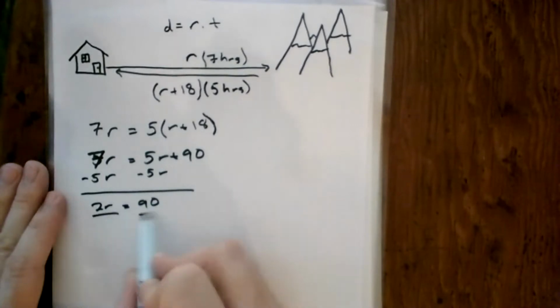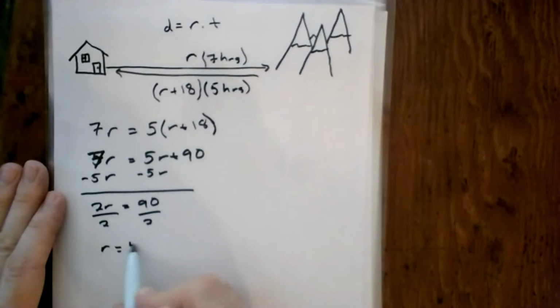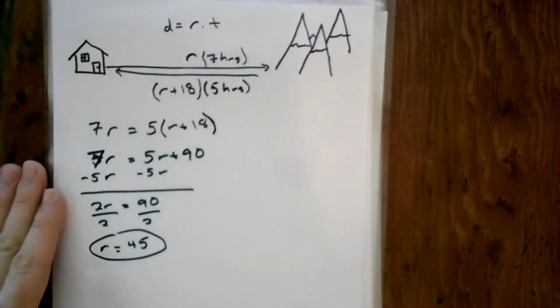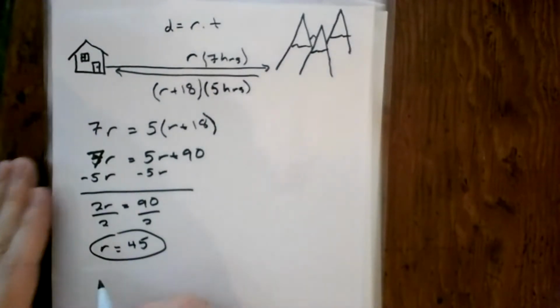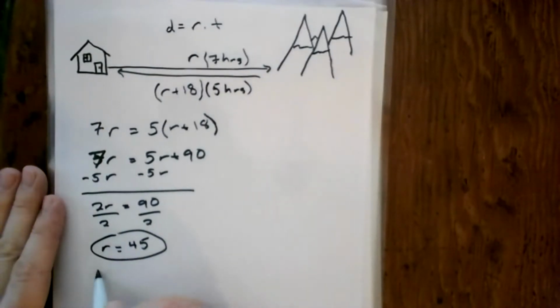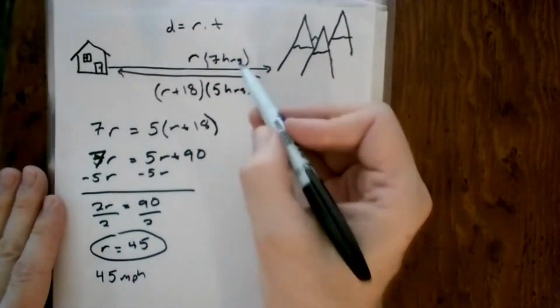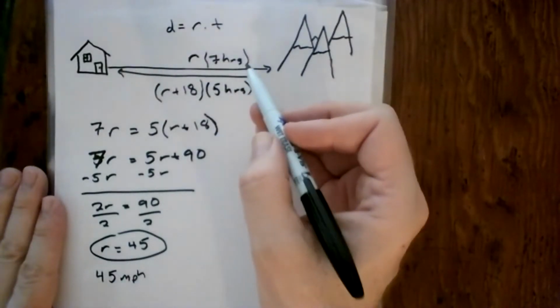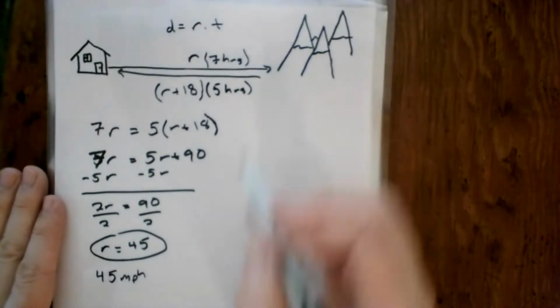When I divide both sides by 2, I've got r is equal to 45. So that means Chris was driving 45 miles per hour on his way there, for 7 hours.